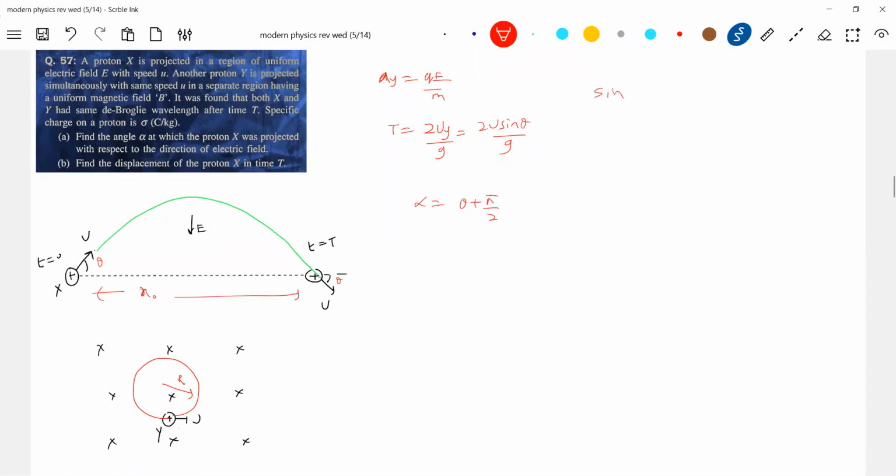So sine theta is a_y t by u, and a_y should be qE by m. So sorry, a_y. So sine theta is qEt by 2mu. I think substituting that, theta is sine inverse of that.